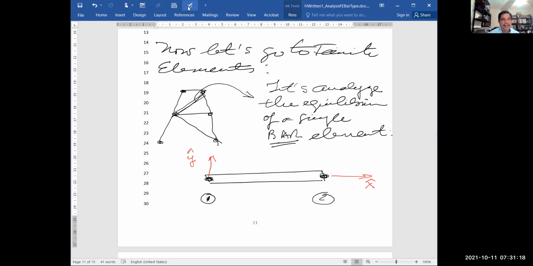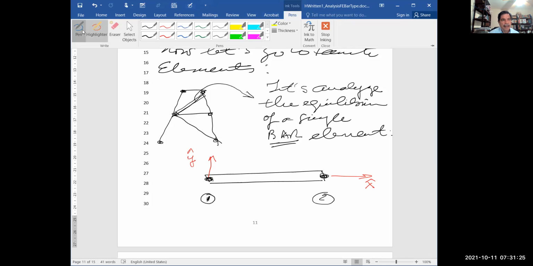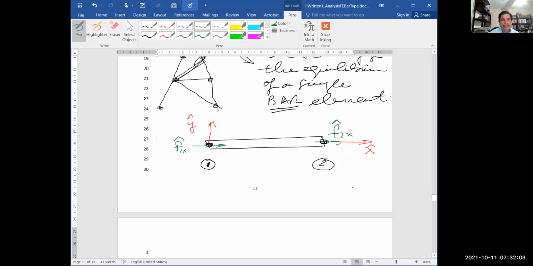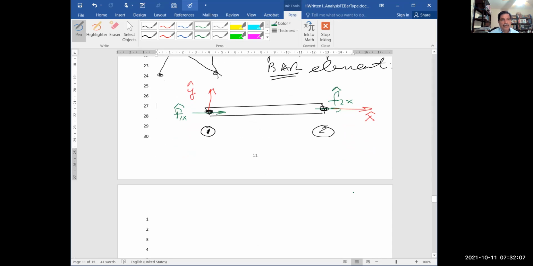Let me change color just in case. So we have to the right one force, F1x, and we're working in the local reference system. And here we also have one force, F2x.